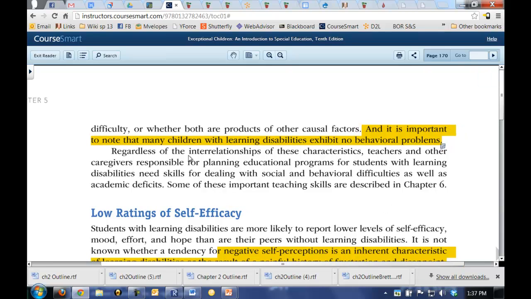It is important to note that many children with disabilities exhibit no behavior problems. I'm glad they at least put that in there. Regardless of this interrelationship of these characteristics, teachers and other caregivers responsible for planning educational programs for students with disabilities need skills for dealing with social and behavior difficulties.